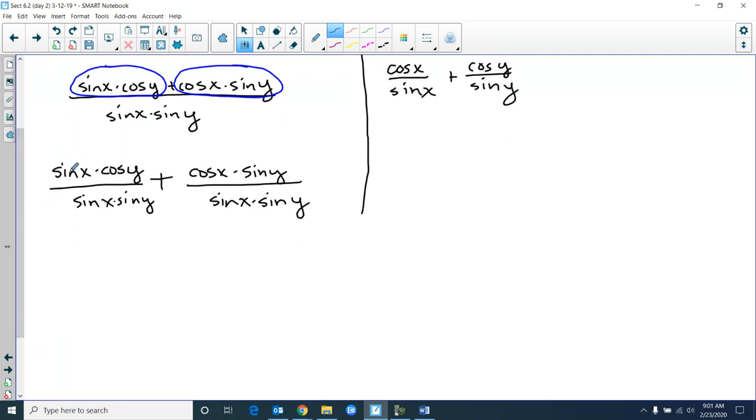Now that is a product, sine of x times cosine of y, divided by sine of x times sine of y.